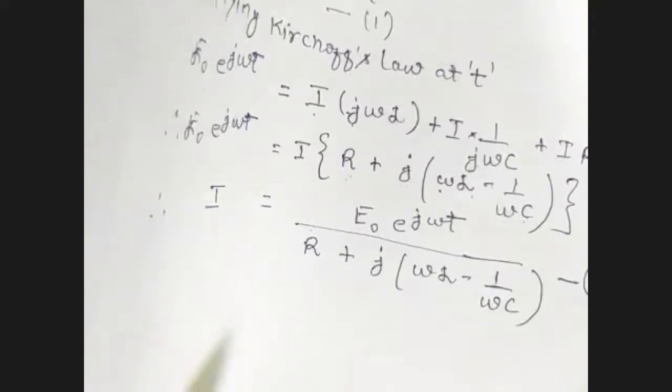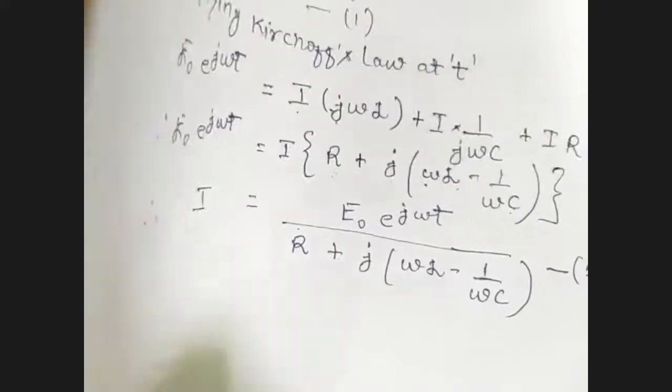In numerator we have voltage, peak voltage. If it gets divided by effective resistance, which is nothing but the complex impedance, looks like R plus j times omega L minus 1 upon omega C. So this term represents complex impedance.